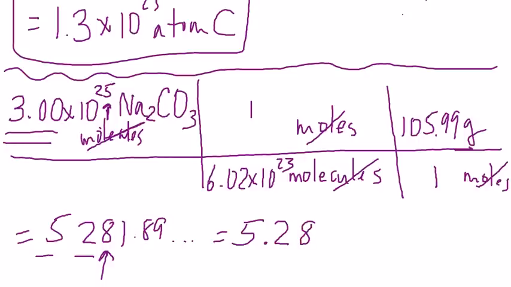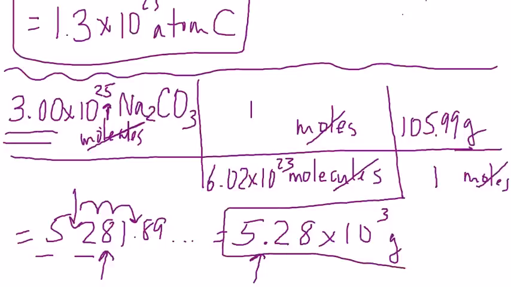However, the decimal doesn't actually happen right here. So if I put the decimal in between the 5 and the 2, I need to move it 1, 2, 3 spaces more to the right. So 5.28 times 10 to the 3 grams represents the mass of 3.0 times 10 to the 25 molecules of sodium carbonate.